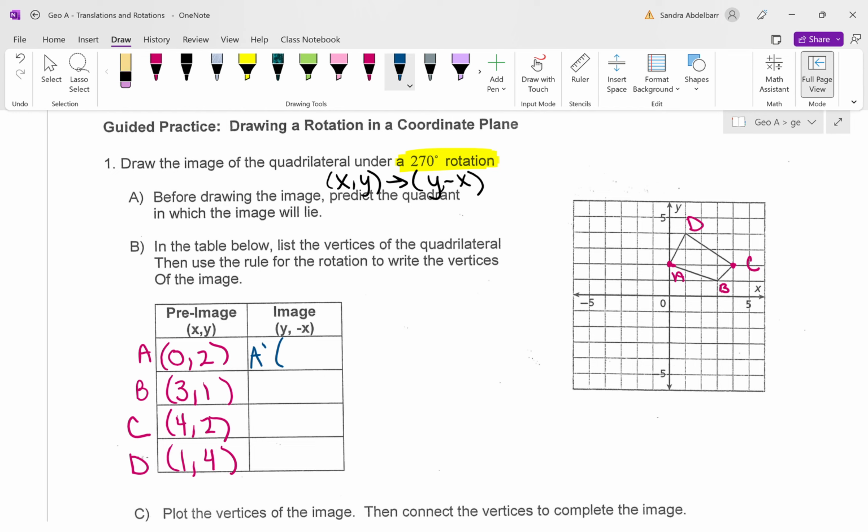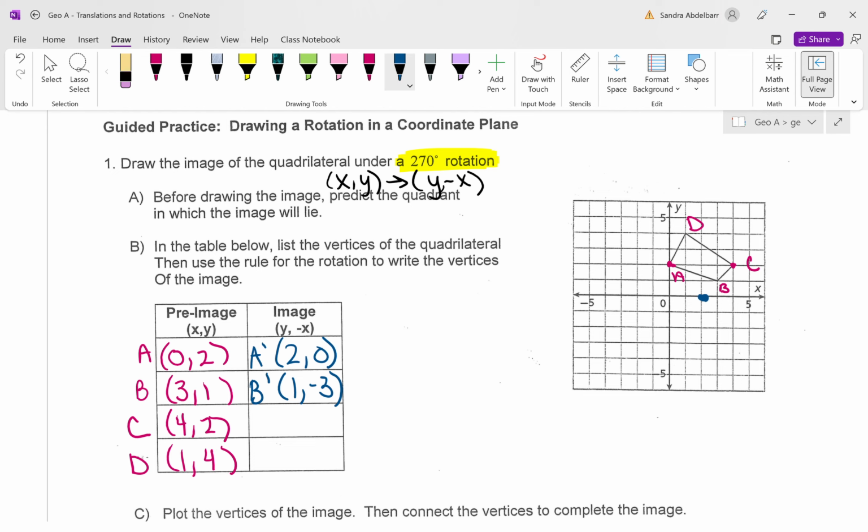Well, can I negate a 0? No, but can I still switch 0 and 2? Absolutely. So we're going to have 2, 0, which is right here. And then letter B, we're going to negate the positive 3, then switch x and y.